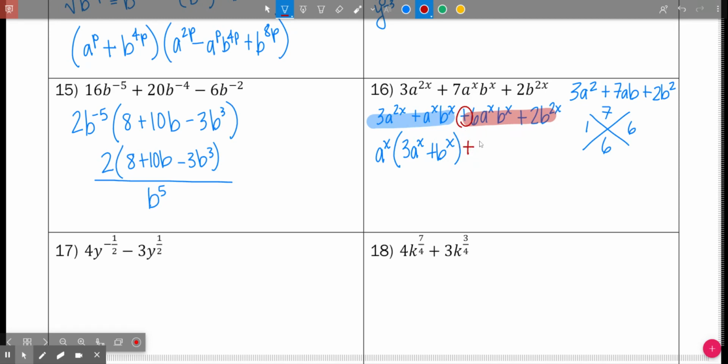Between 6 and 2, I have a 2 in common, and I have a b to the x in common. So 6 divided by 2 is 3. B to the x divided by b to the x cancels out, and I'm left with a to the x. 2 divided by 2 is 1, and b to the 2x over b to the x, that's 2x minus x, so this is b to the x.